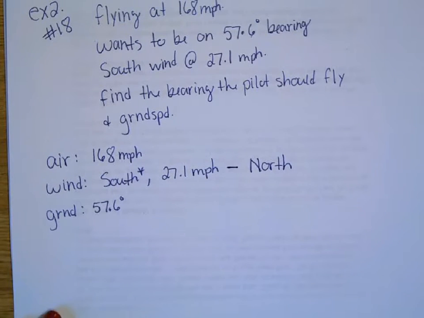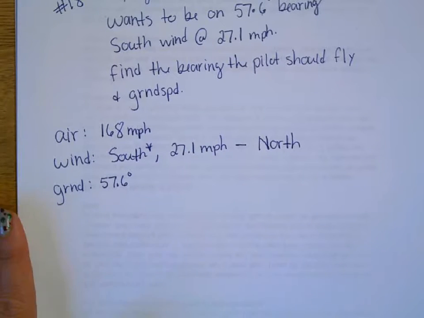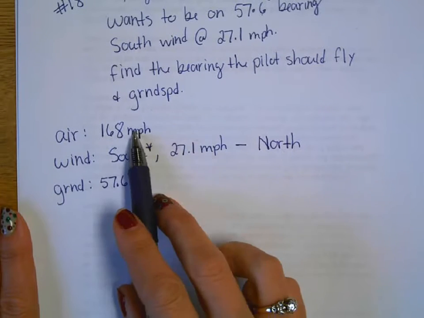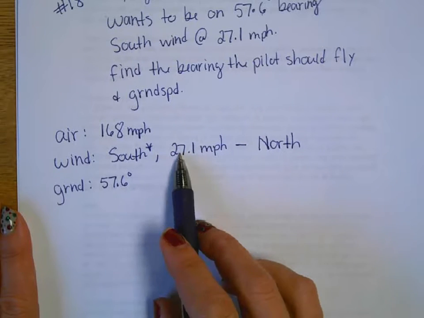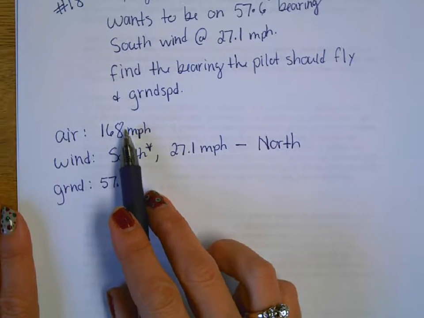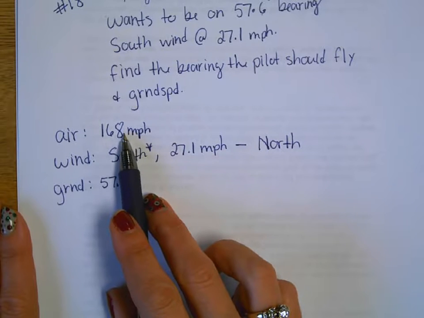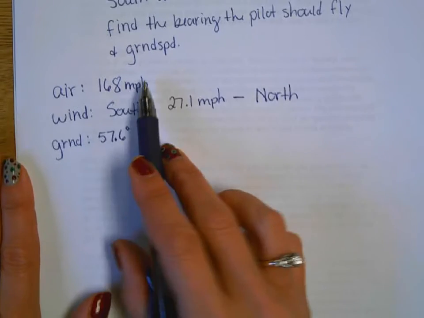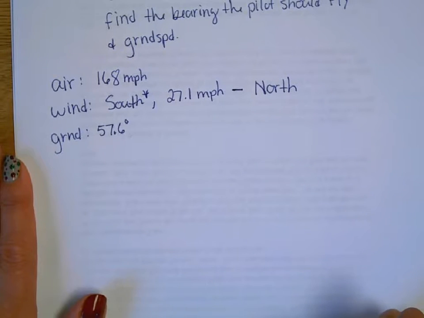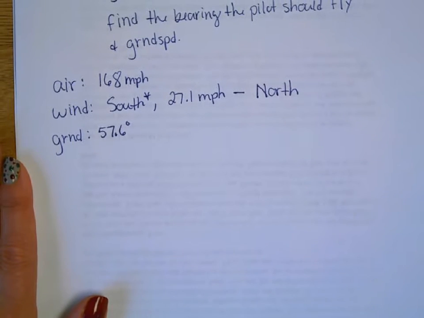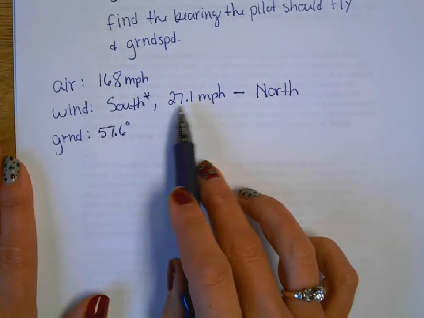Okay, this one's a bit of a challenge because usually we know both pieces of information about the airspeed vector and both pieces about the wind. I only know one piece of information about the airspeed vector. So I really can't start with this 168 miles per hour because I have no idea what direction to draw it in. But what vector can I start with? The wind. Let's start with the wind.